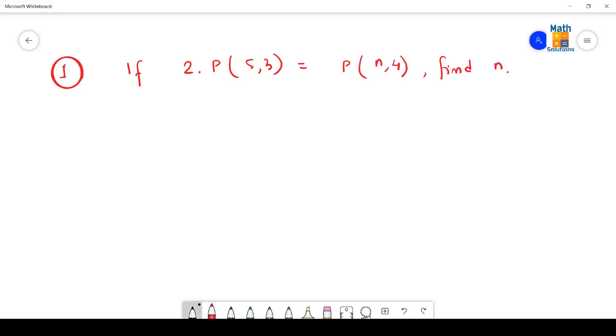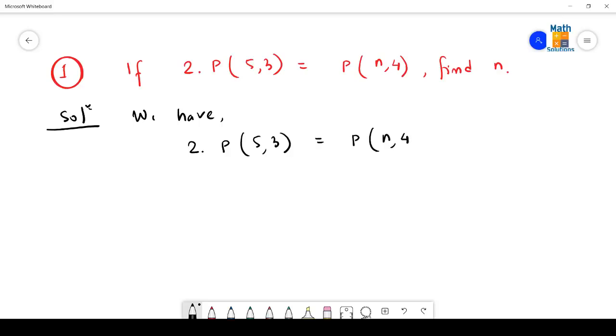So coming to the solution part, we have the given expression only I am going to write here. The formula is already known to you now, n comma 4.